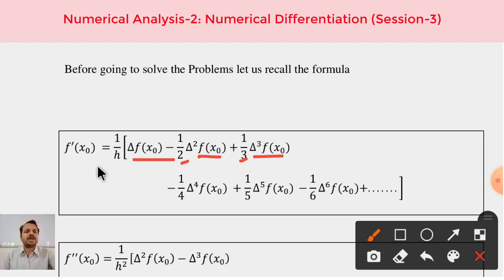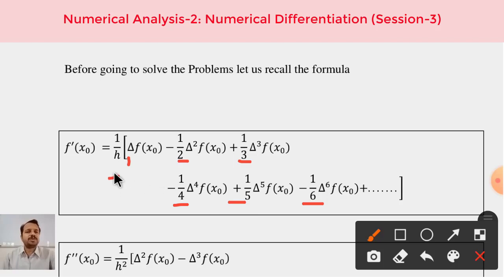Look at the coefficients. Here the coefficient is 1, here the coefficient is half, then 1 by 3: 1 by 1, 1 by 2, 1 by 3, 1 by 4, 1 by 5, 1 by 6. So these are the coefficients.